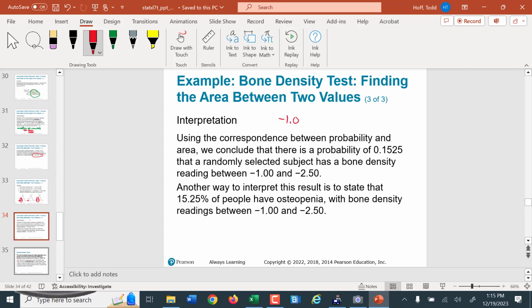Again, that's -1.0 and then 0.00 on top, which gave us the 0.1587. And then for the -2.5, it'd be -2.5 on top, 0.00 again. And that would give us a 0.0062. And we would subtract those. The difference is going to be 0.1525.